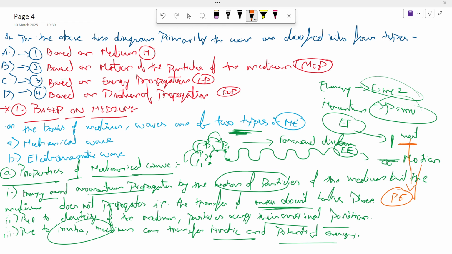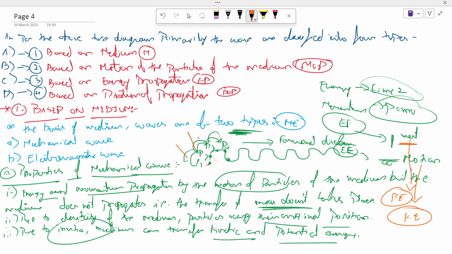If the object is in motion, the particles are in motion, and you can say they are gaining kinetic energy. Simultaneously, the particles are moving and again coming back to the original position.